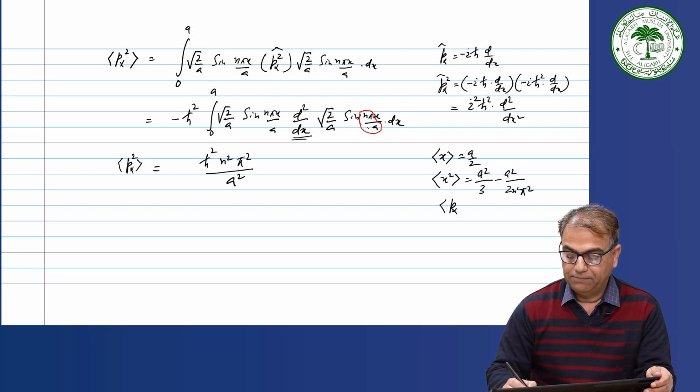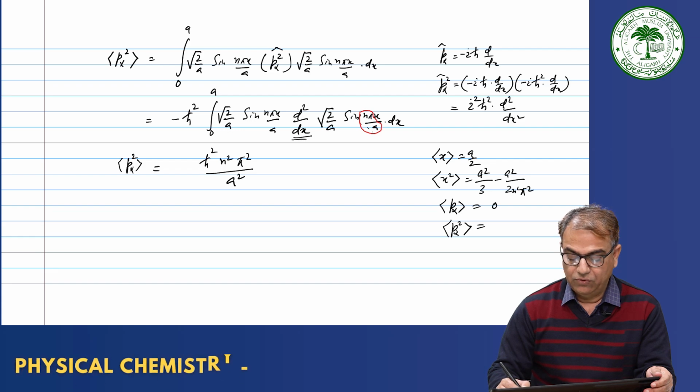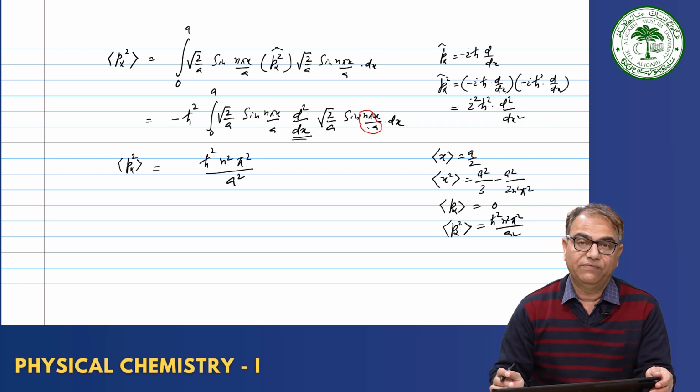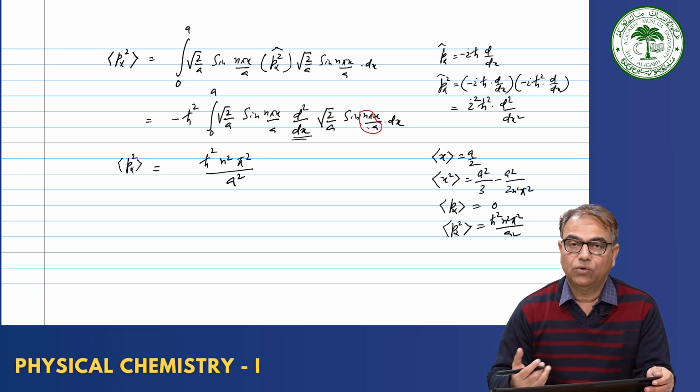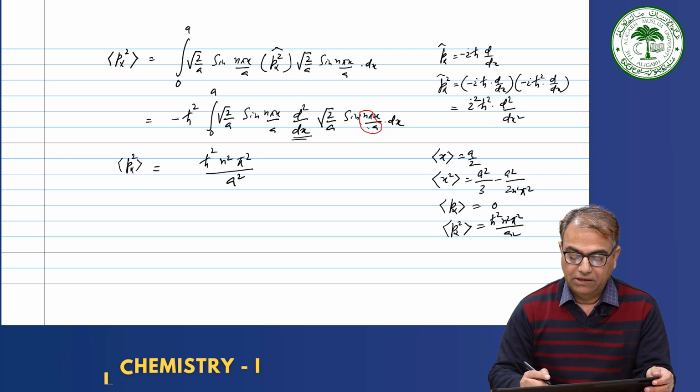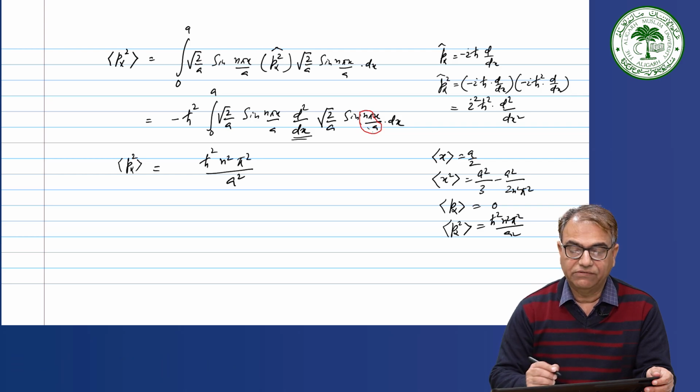Then we calculated the px value, that is 0, and we calculated the px square value, that is h cross square n square pi square divided by a square. Knowingly, I have not done a stepwise calculation. So all of you who are watching this module should do it on your own, do every step of this section and convince yourself that after doing the calculations you get these values.